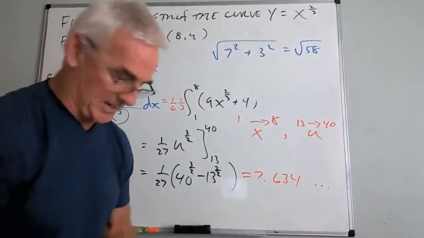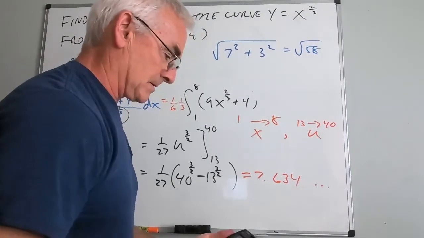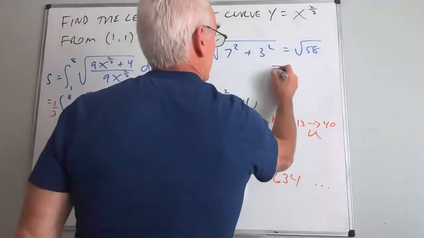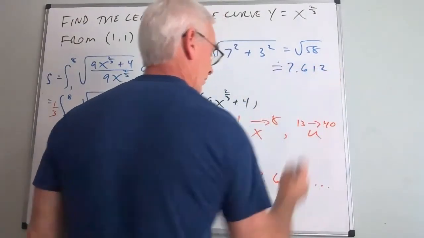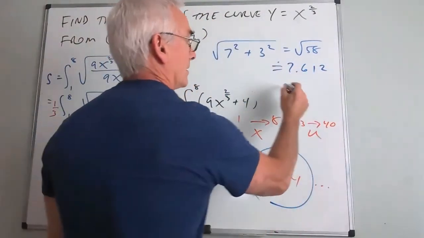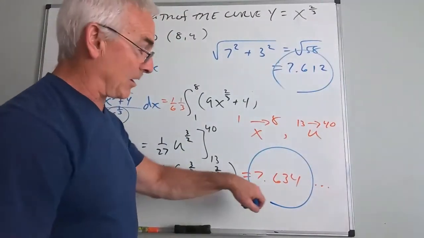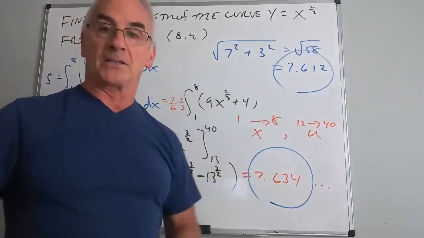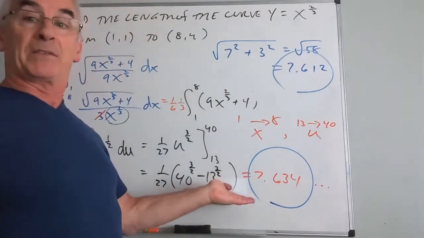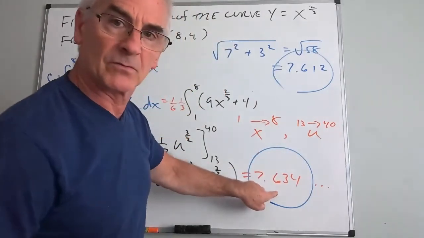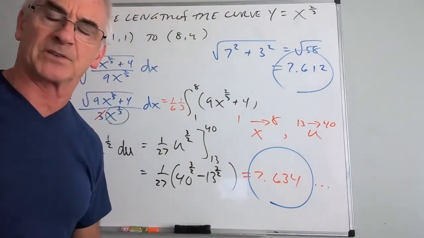How big is root 58? Root 58 is approximately 7.612. Is that good? That's great. That means that our curve was only a little bit longer than the line segment. That gives me faith in this answer, in other words. If that had been bigger than this, then I wouldn't trust it. I think we made a mistake somewhere.